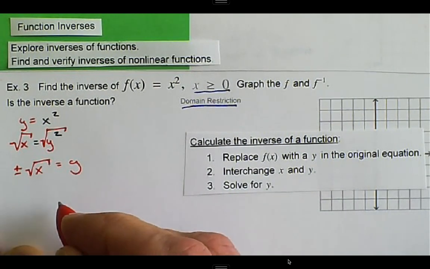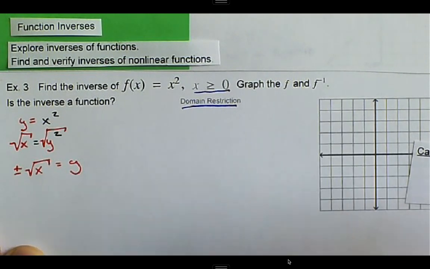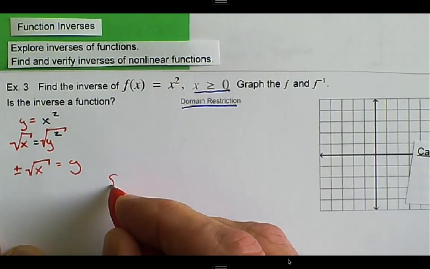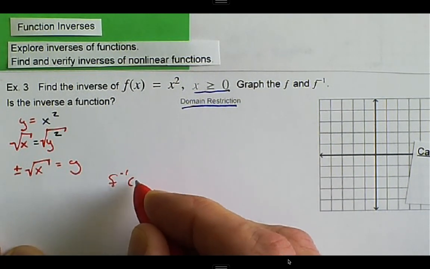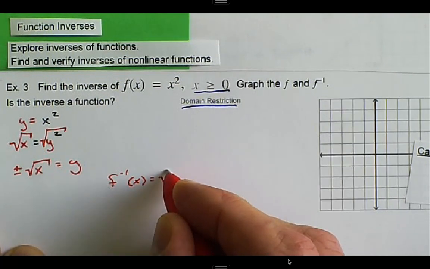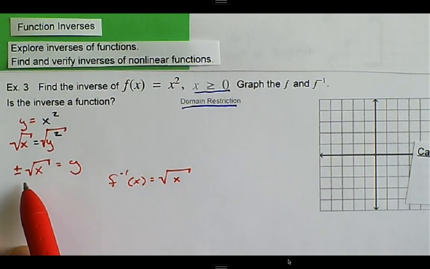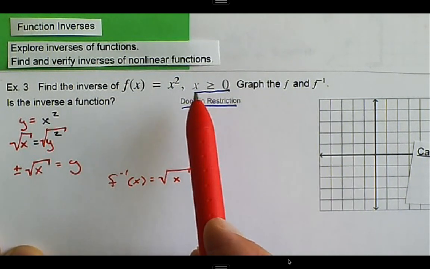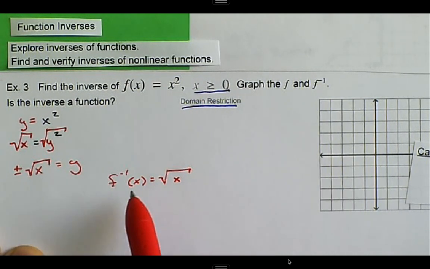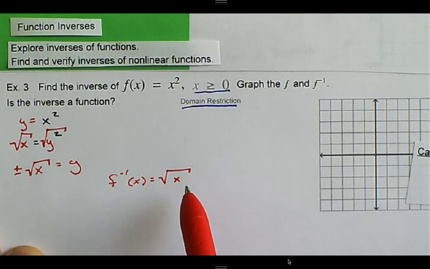So when we write down the inverse of the function, this is the inverse, but because we restricted the domain, we're only considering just the positive of that.